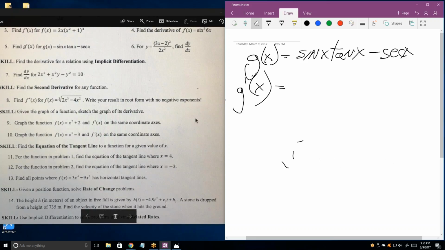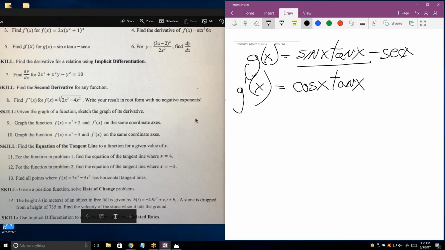Okay, so we're going to use the product rule on just this part here. So take the derivative of the first part. What's the derivative of sine? Cosine of x. And we're not taking the derivative of the second part yet. Now do the reverse. Now take the first part. What's the derivative of tan x?